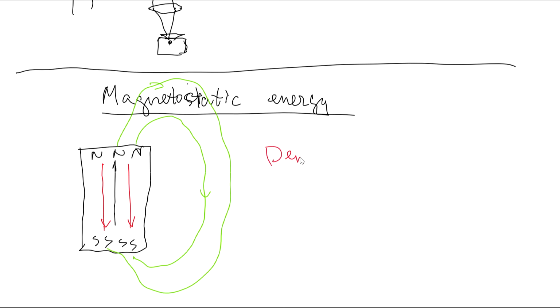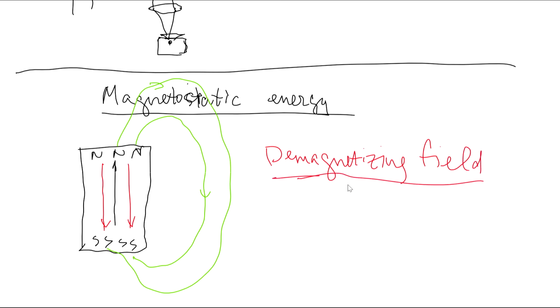So demagnetizing field. What it means is that we have a magnetic moment in the presence of a magnetic field that points in the opposite direction.